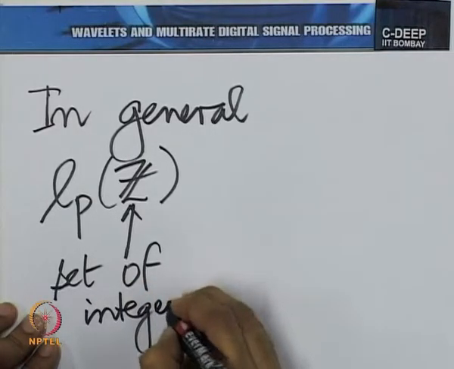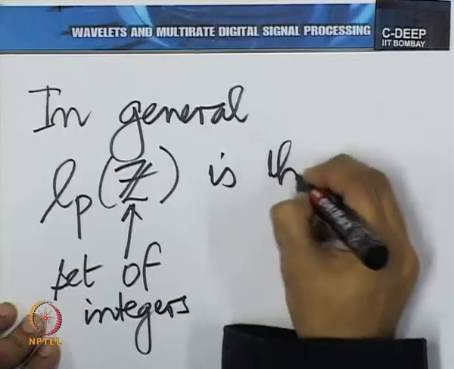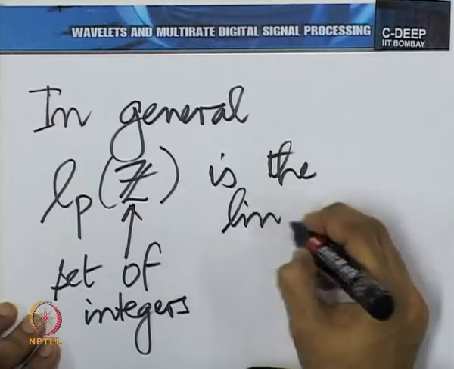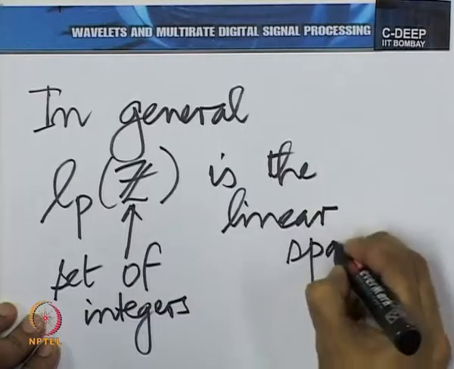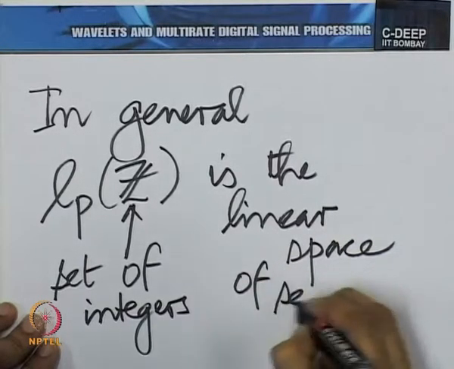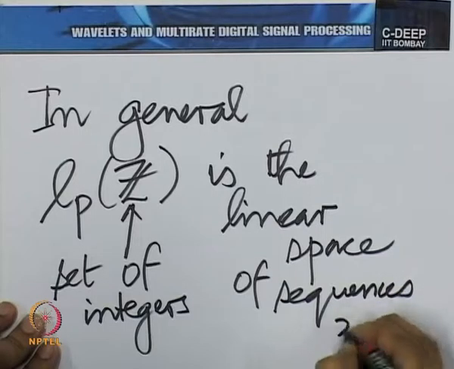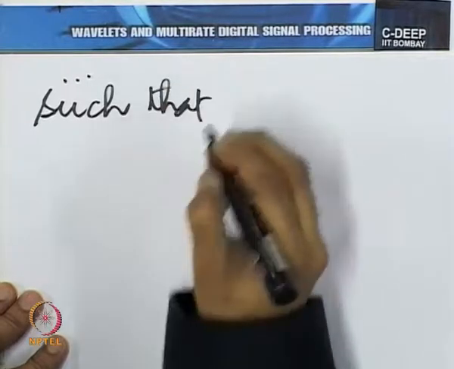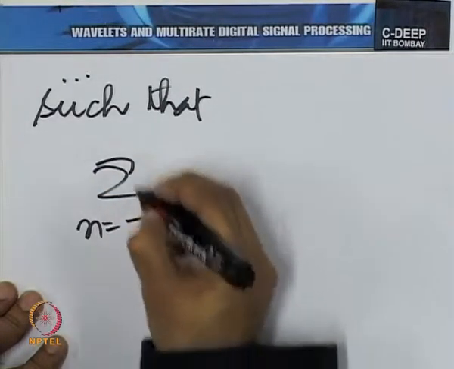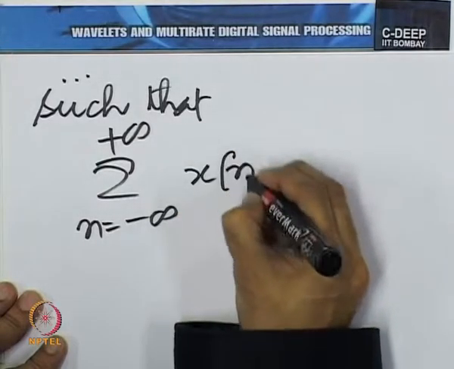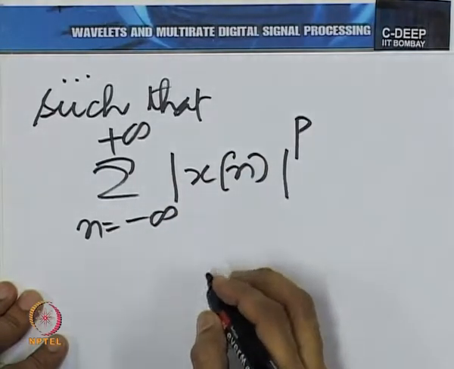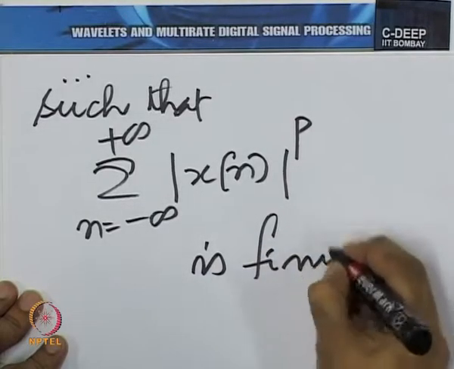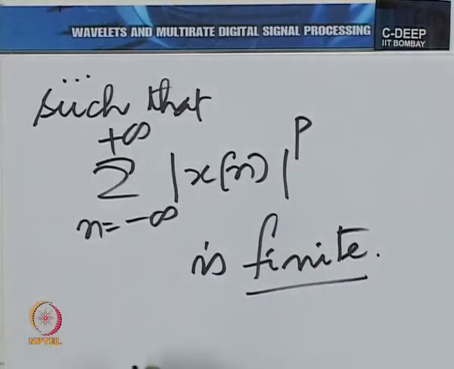So, l p Z is the set of sequences, in fact, it is the linear space of sequences. Let the sequences be written as x of n such that the summation n going from minus to plus infinity of mod x of n to the power p is finite. So, in particular, if you put p equal to 2, you get small l 2 Z.